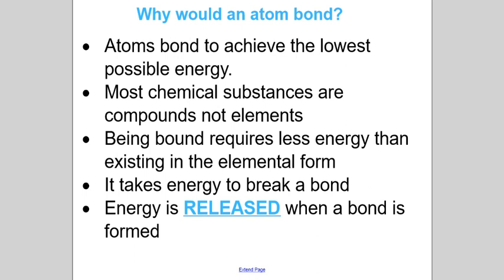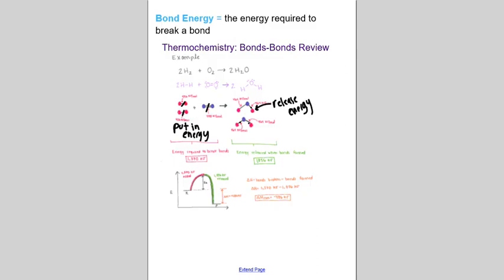It takes energy to break that bond. You actually have to put energy in, and then when they form, there's a release of energy because it's that lowest potential energy state.